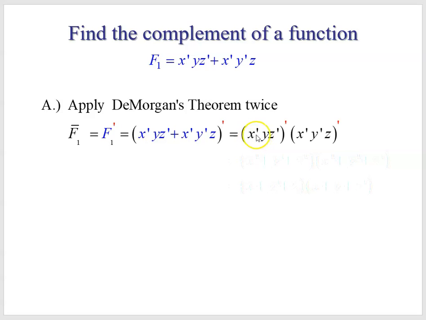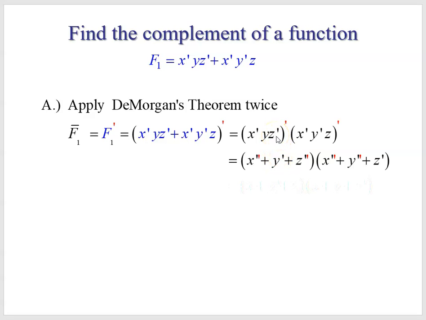We're complementing this entire term now. So when we complement this term, we can use De Morgan's theorem again and convert all these ANDs to ORs and complement each of these literals. So the complement of x' is x'', well, then we have to use our involution theorem. That's just equal to x. The complement of y is y'.